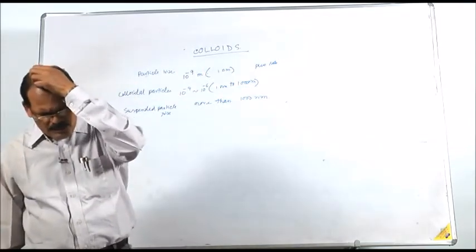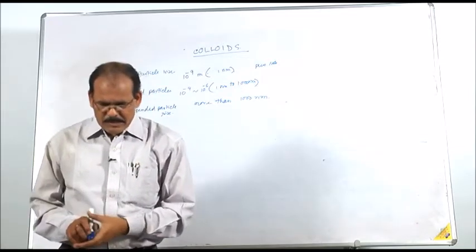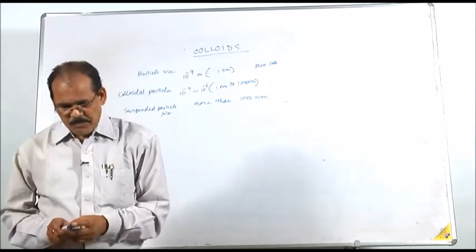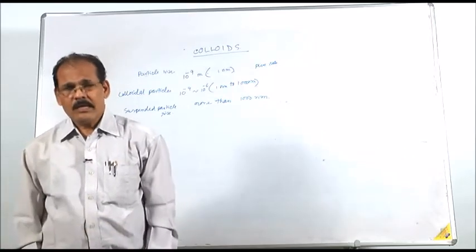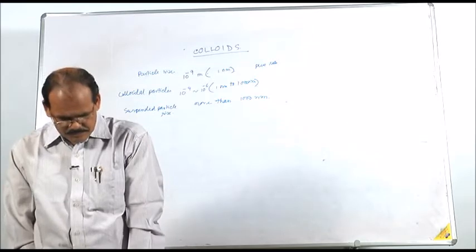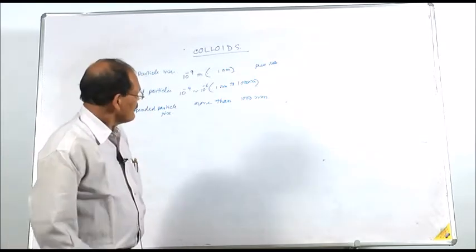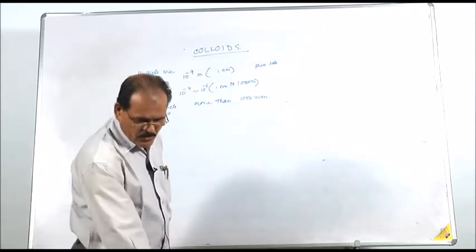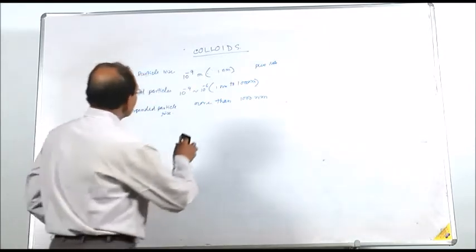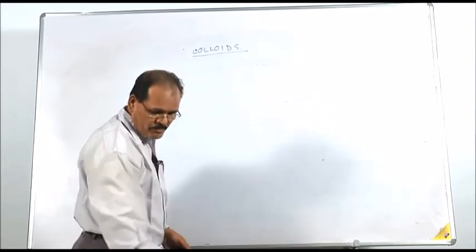Colloid means it is not diffused properly in a solution and is present as suspended particles. So, that is known as the colloidal state. So, what are the types of colloidal system?